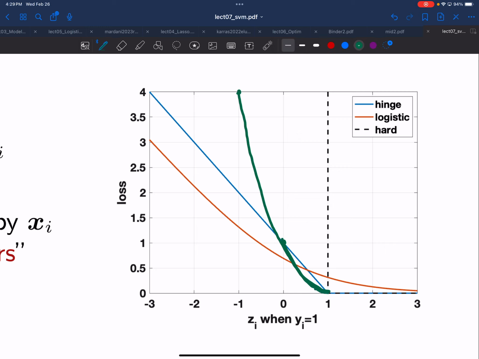So what do you think the advantage of the squared hinge might be, and why would that be the default option in sklearn?